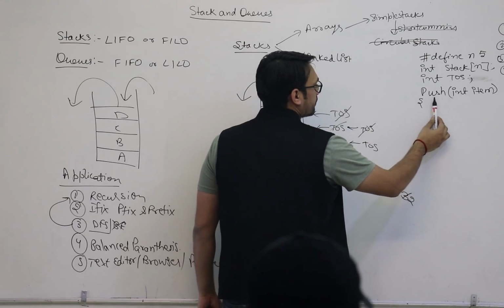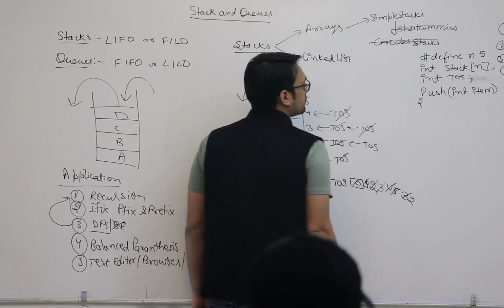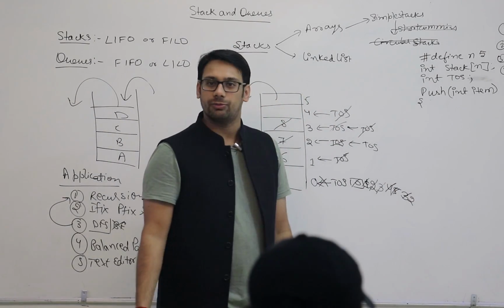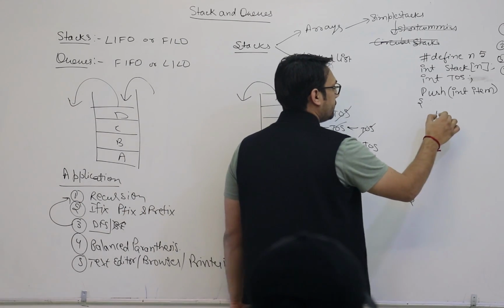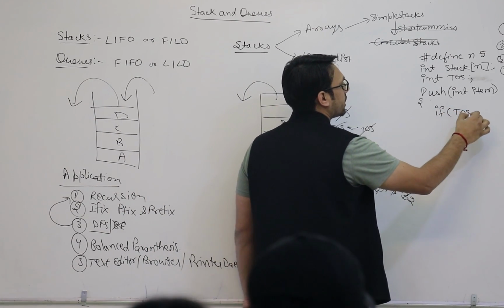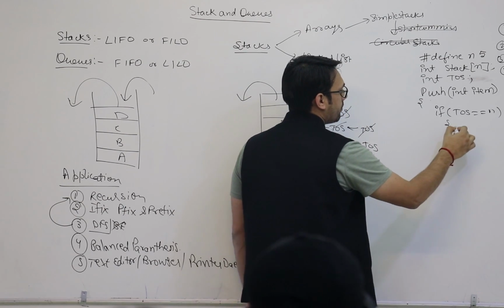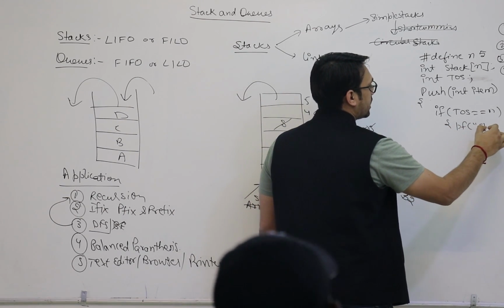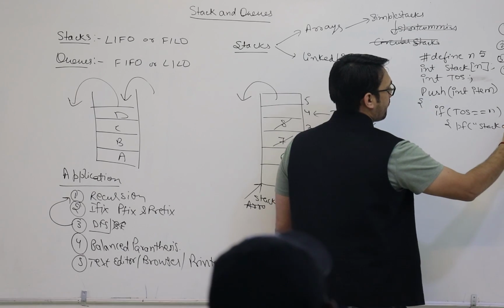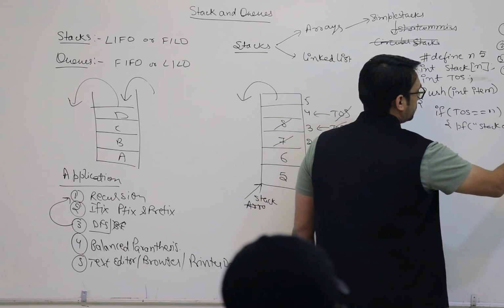If I make push integer item, first of all you have to check what is the value of top of stack. So you are going to say if top of stack is equal to n, then printf stack overflow. That means all the items are full.